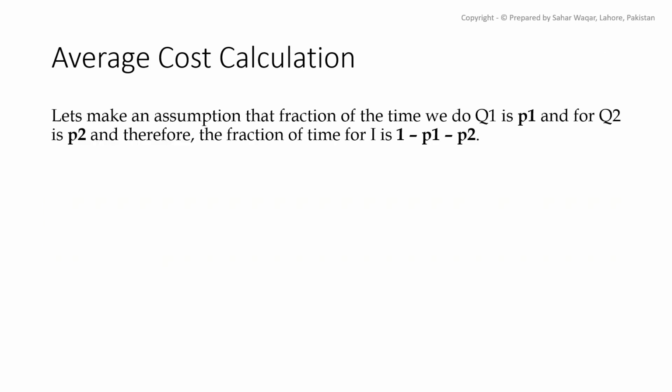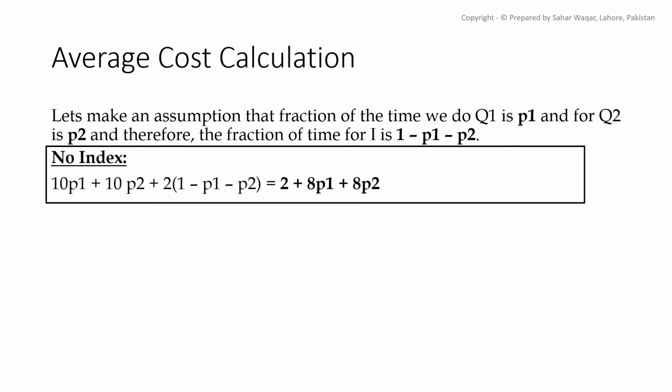To get this average, let's assume that the fraction of the time we do Q1 is P1 and Q2 is P2, and therefore the remaining time we do I, that is 1 minus P1 minus P2. So for the no index case, the sum of time cost for all possible queries is 10P1 plus 10P2 plus 2 times (1 minus P1 minus P2), which equals 2 plus 8P1 plus 8P2.